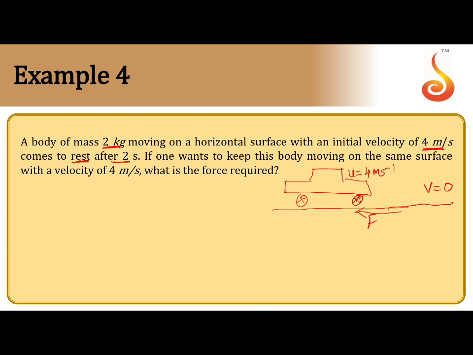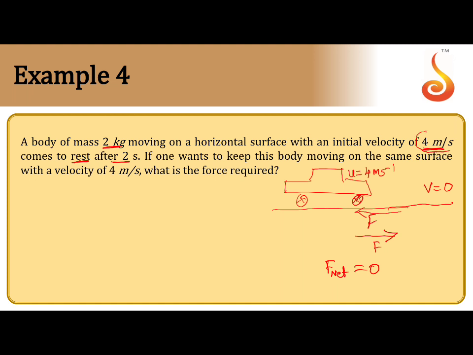Now, if I am able to exert a force equal and opposite to this, they both will get cancelled. Then the net force on the car will be equal to 0. Then according to Newton's first law, an object will continue its motion with the constant velocity and in the same direction.